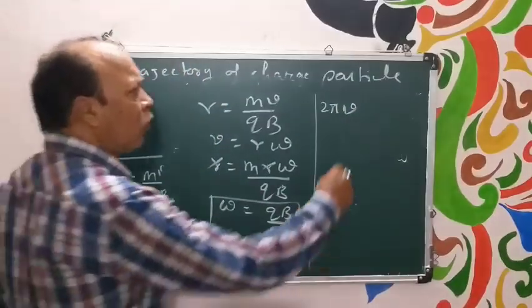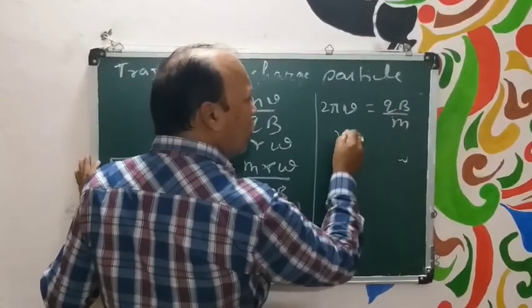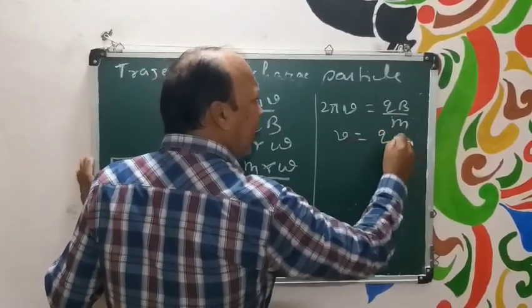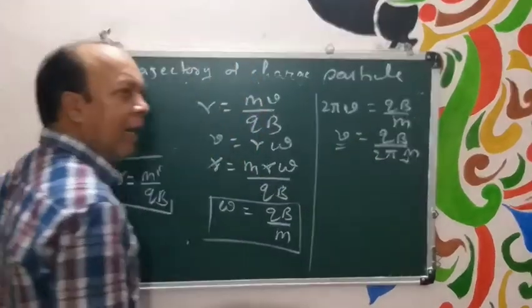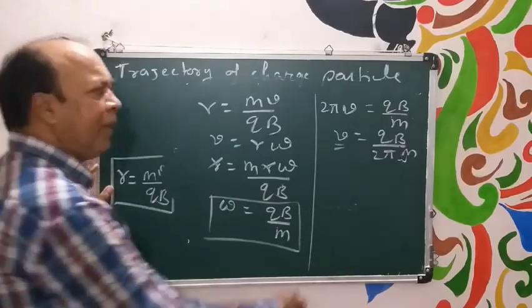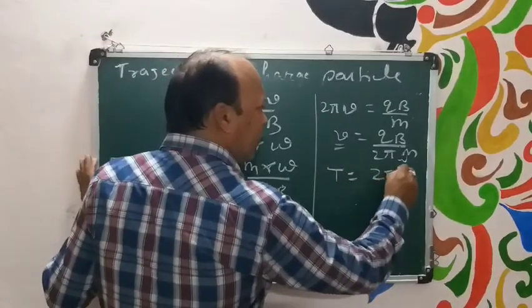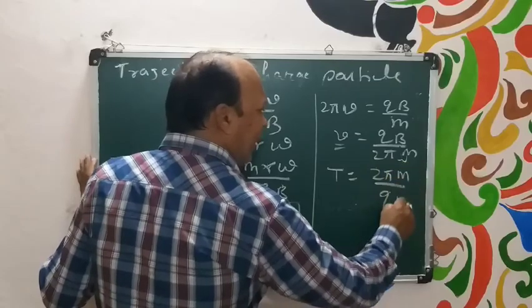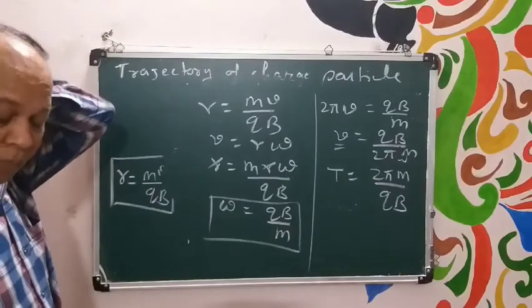So 2 pi nu should be equal to qB by m. So nu should be equal to qB upon 2 pi m. This should be the frequency. Time period T is equal to how much? 2 pi m by qB. So these may be the parameters of this circular motion.